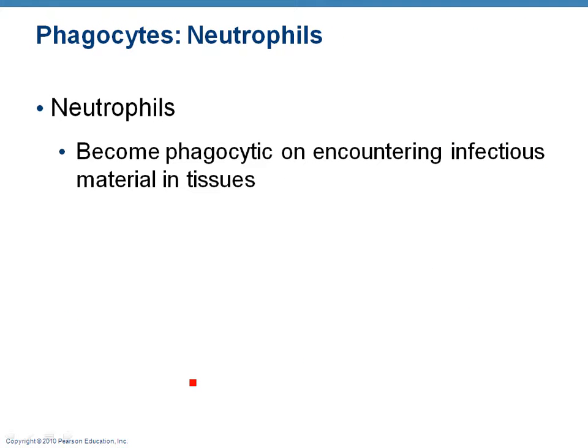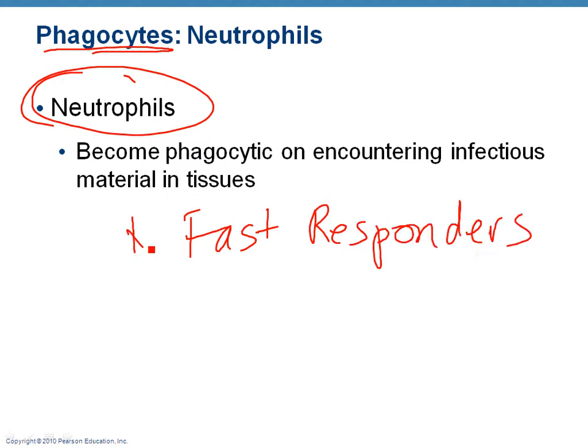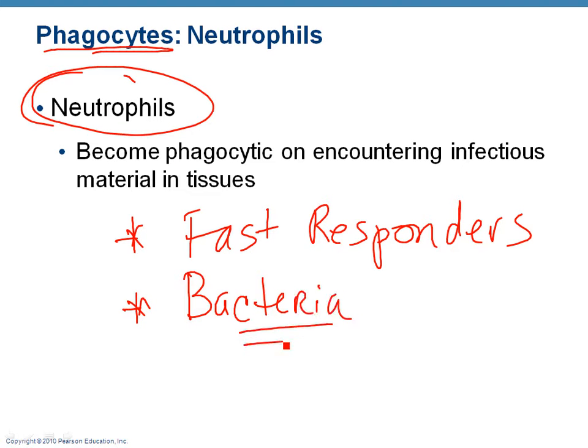Another type of phagocytic cell, very important, you've already heard about these, the neutrophils, on your white blood cell lecture. These are fast responders, if you guys remember. Really good at phagocytosing bacteria especially.